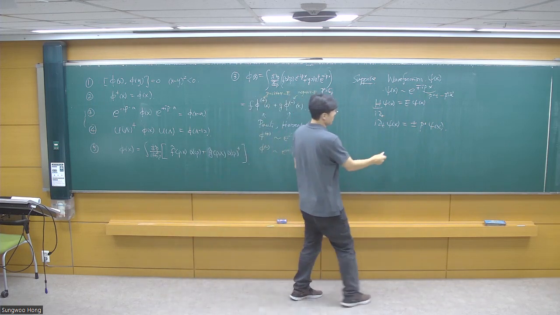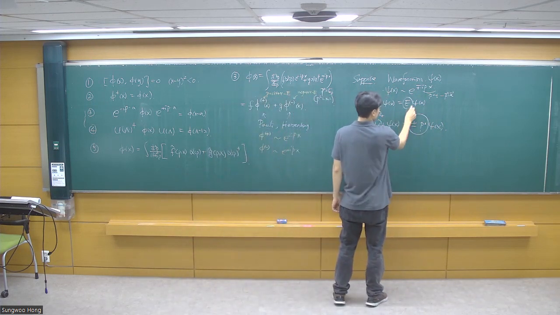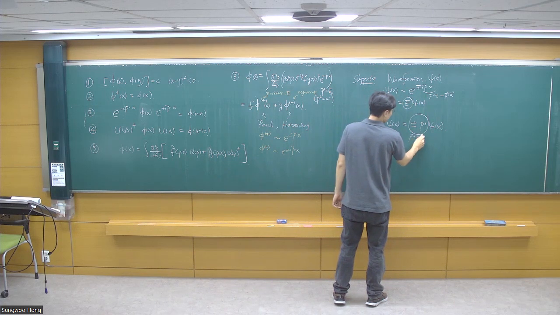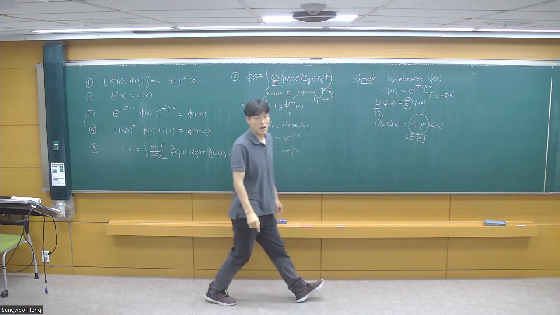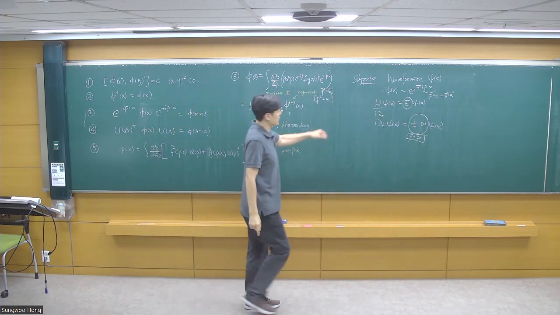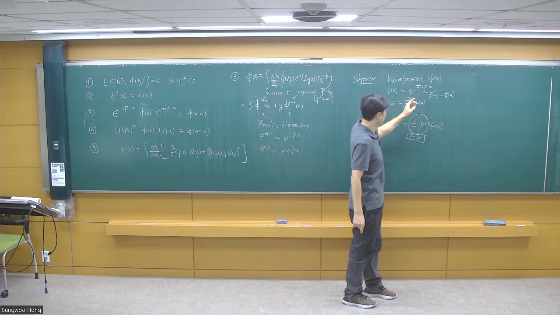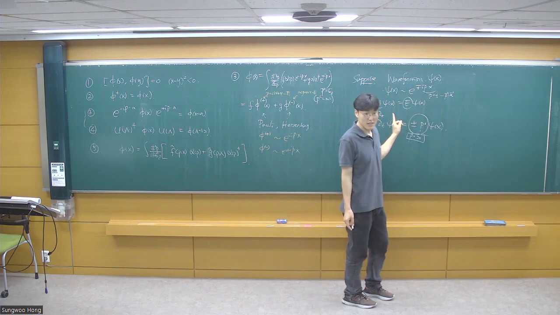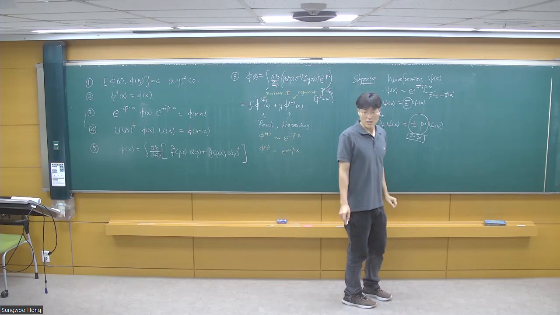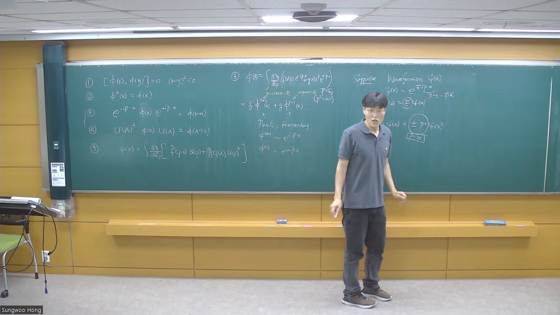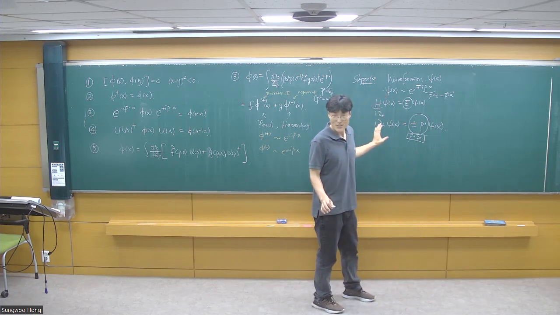So now if you compare this with that, provided you're looking at the branch where p0 is positive, this sign corresponds to a positive frequency wave function, and that part corresponds to a negative frequency wave function. Does that make sense now? Okay. Hold on. Did that make sense or not?